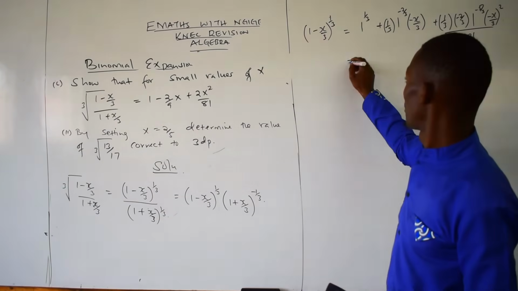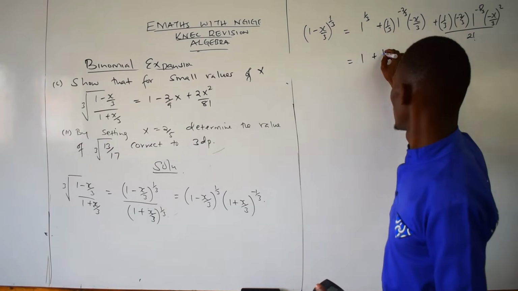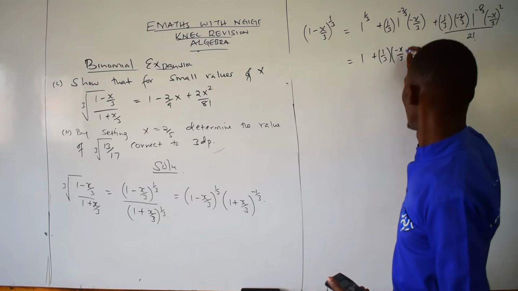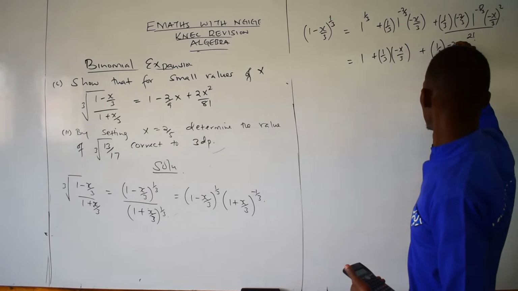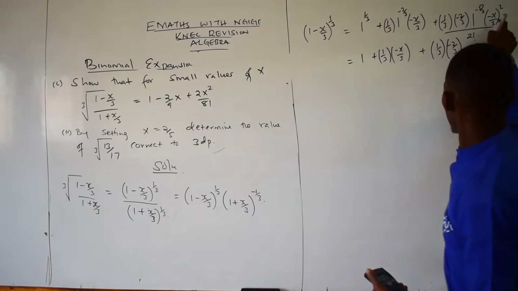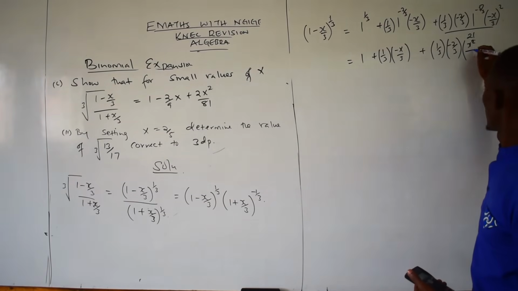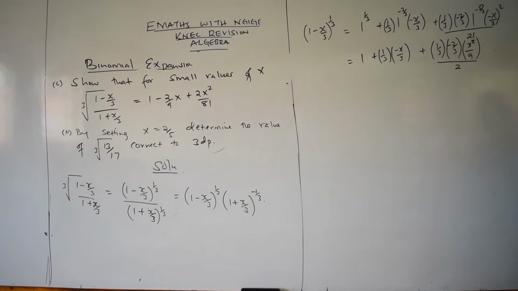So therefore, 1 raised to any power is 1. We can derive this one first, then we can open up the bracket: negative x over 3, then plus 1 over 3 times negative 2 over 3. When you square, it becomes positive, right? 3 squared is 9, over 2 factorial, and 2 factorial is just 2.